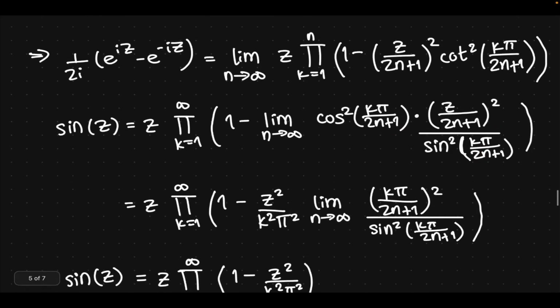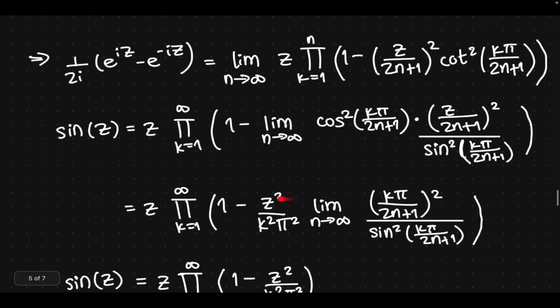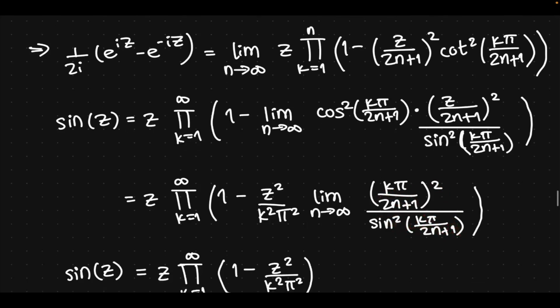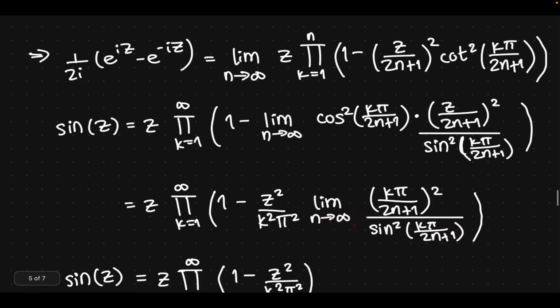We can pull out a few things. So we can pull out the z squared and k squared pi squared in the denominator. So we just end up with k pi over 2n plus 1 squared in the numerator divided by sine squared of k pi over 2n plus 1 in the limit as n goes to infinity.